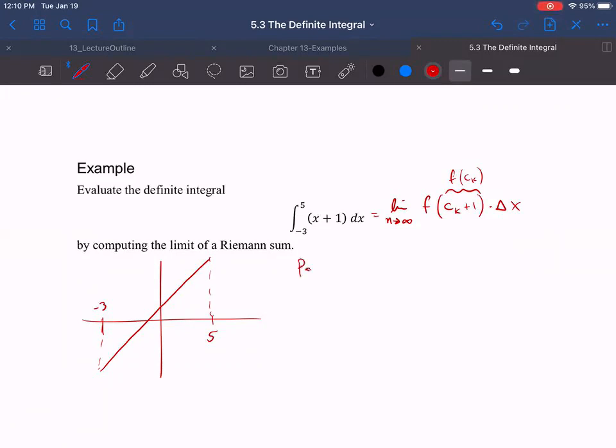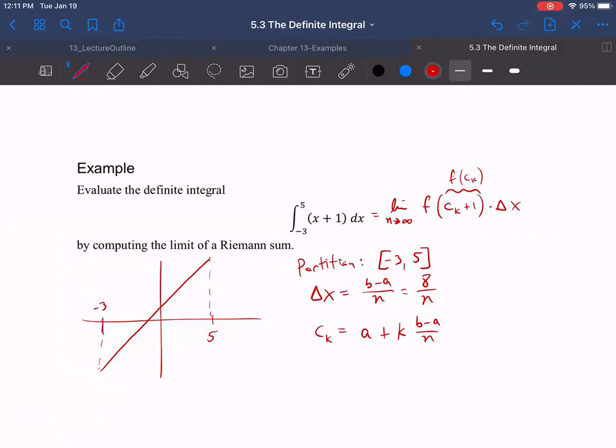So for our partition, we're going from -3 to 5. My delta x has to equal the difference between those, so b minus a over our number of divisions. In this case, this is going to be 8 over n. And ck, what we're going to plug into our function, is going to equal a plus k times b minus a over n.